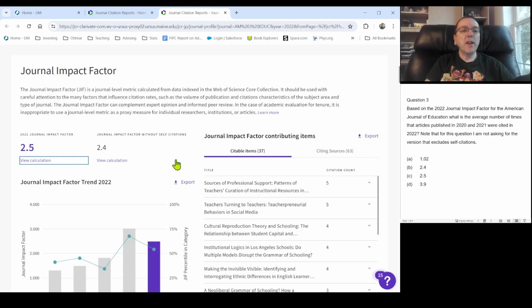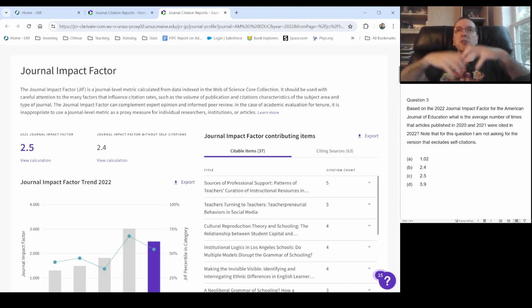Pretty straightforward over that 2-year time span. Now, you'll notice there's also this other estimate here, the journal impact factor without self-citations. Now, this is kind of an interesting issue that can come up. If I want to measure the impact that the journal is having, some journals cite their own stuff a fair bit.